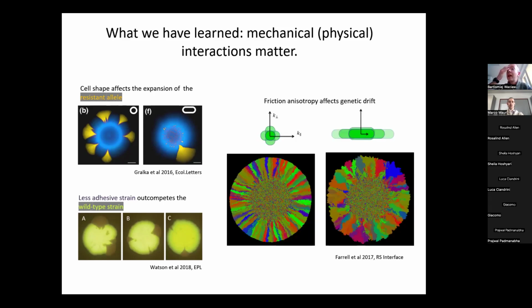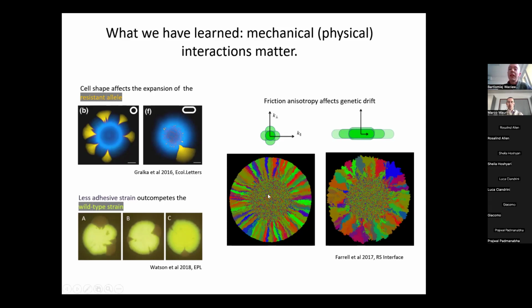And lastly, other things like friction anisotropy, which has to do with the cell shape again, whether it's equally easy to move or equally difficult to move the cell along its major axis if it's a rod or perpendicular to it, that can also matter a lot.